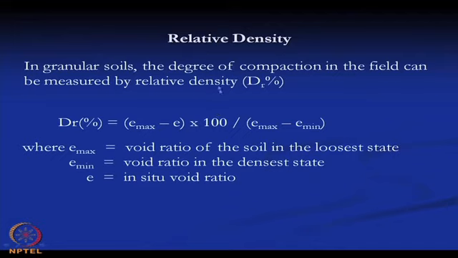The next one is the relative density of the soil. In a granular soil, the degree of compaction in the field can be measured by relative density, RD, in percentage. So, relative density can be expressed as (e max minus e natural) divided by (e max minus e min) into 100, because it is expressed in terms of percentage, where e max is the void ratio of the soil in the loose state, e min is the void ratio in the dense state, and e is the in situ void ratio or natural void ratio.